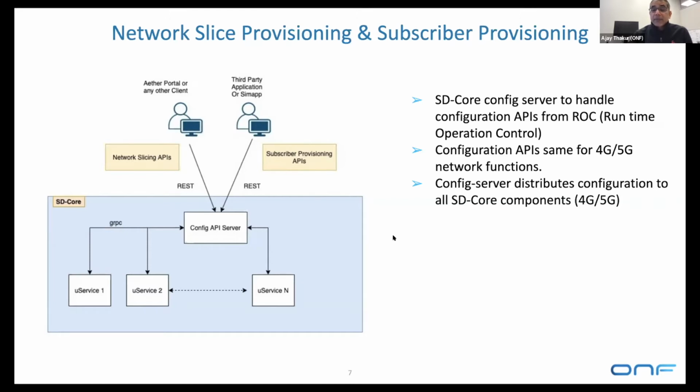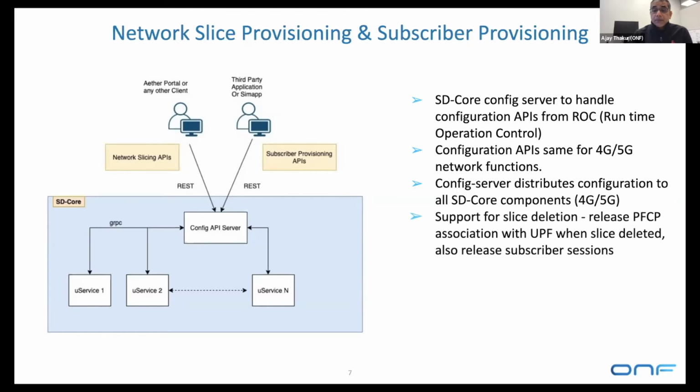We also have slice deletion support. So we appropriately release the PFCP connections and remove the UPF from the slice, and we release the subscribers which were associated with that slice.